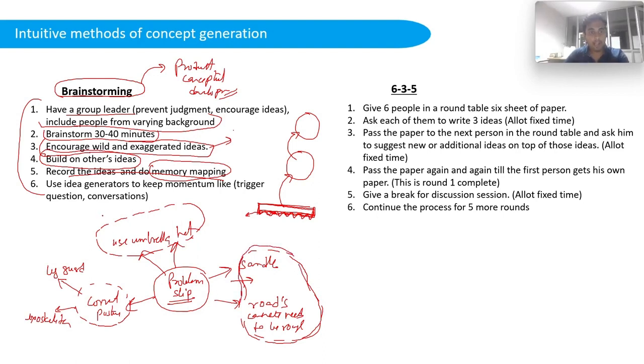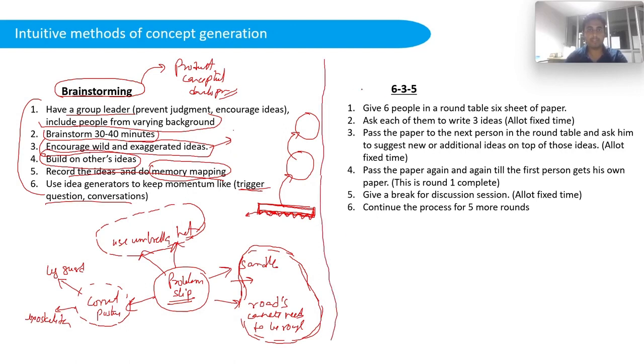During the idea generation process, sometimes there can be silence, because people may not have any clue and may face difficulty in generating new ideas. Then there can be some trigger questions or trigger conversations to initiate the ideation process again. So that is basically the brainstorming process.